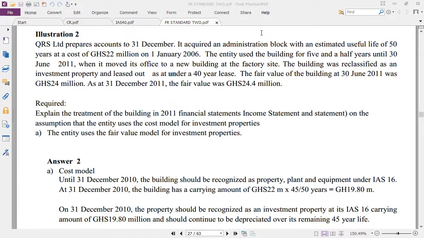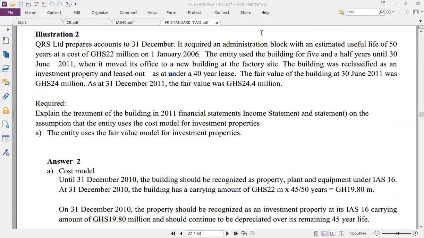So in summary, this is how the financial statements look. Here, other income: fair value gain on investment property. There's a gain of what? 400. Are we working in thousands? No, we're not working in thousands. It's a gain of 400.